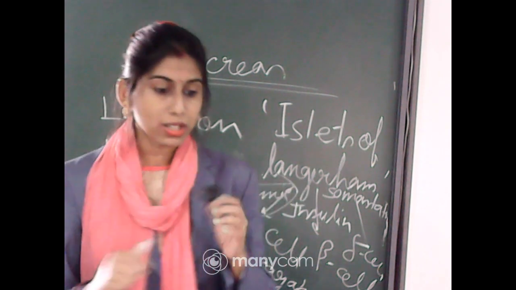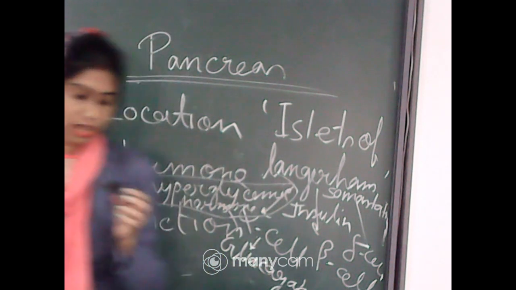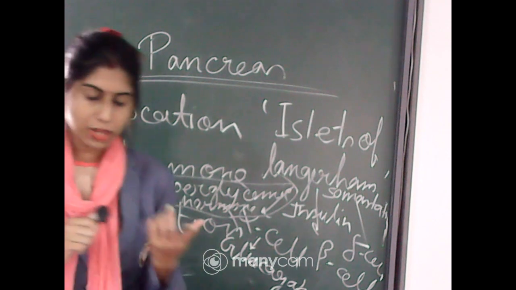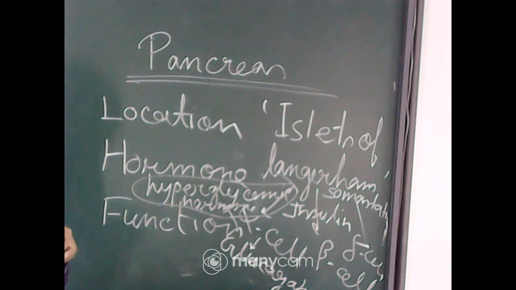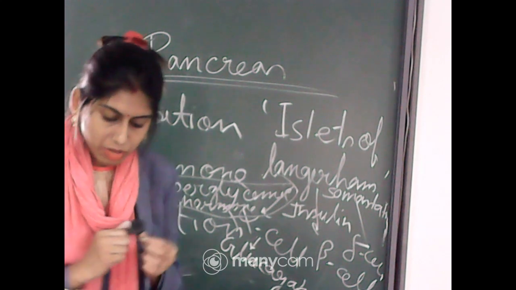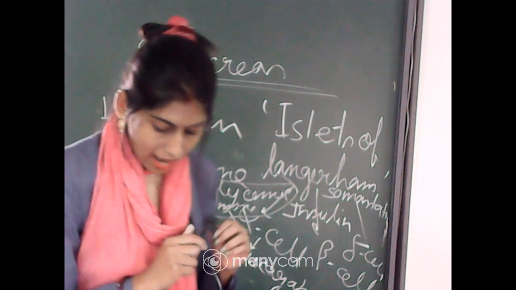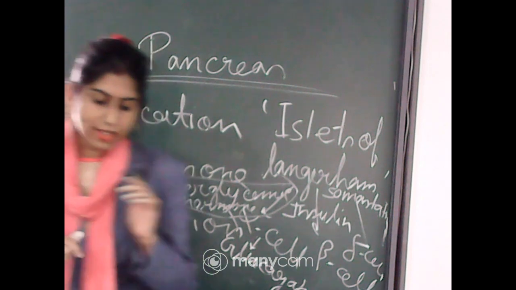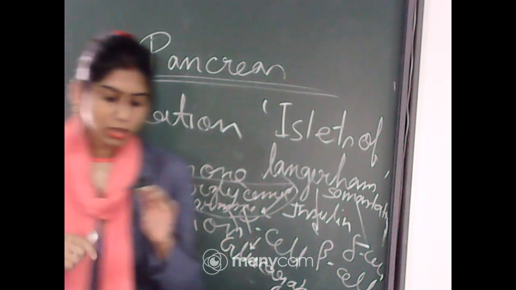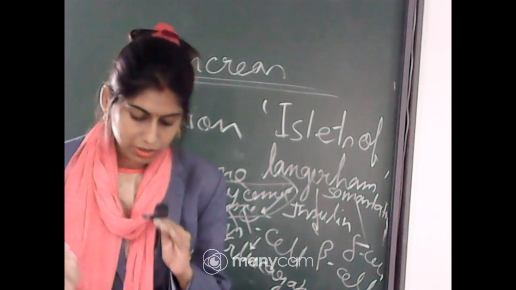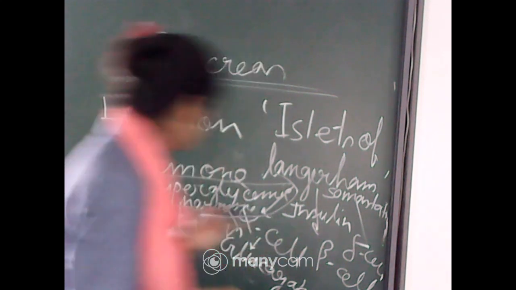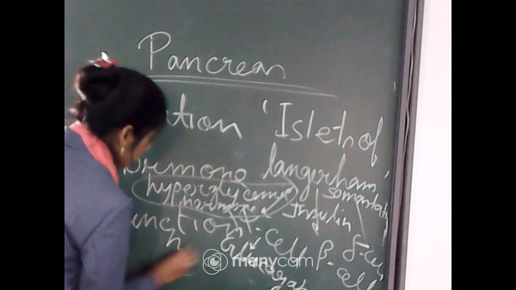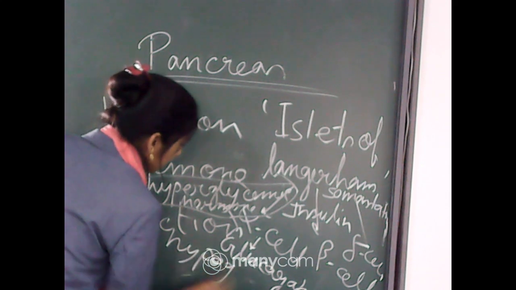The cells of the adipose tissue are called adipocytes and the cells of the liver are called hepatocytes. It enhances the cellular glucose uptake and utilization. As a result, there is rapid movement of glucose from the blood to hepatocytes and adipocytes, resulting in a decreased blood glucose level, and this condition is called hypoglycemia.